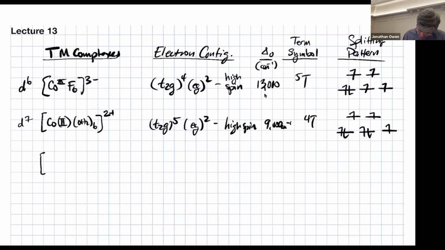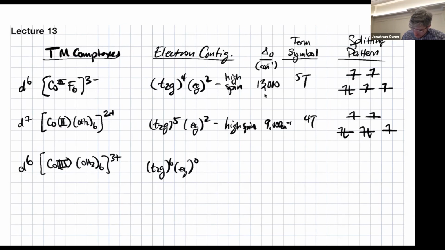Let's do, for comparison, cobalt-3 hexaquo 3+. Now we're going to take one electron out. That's going to make us a D6 ion. And this compound is T2G6 Eg0.